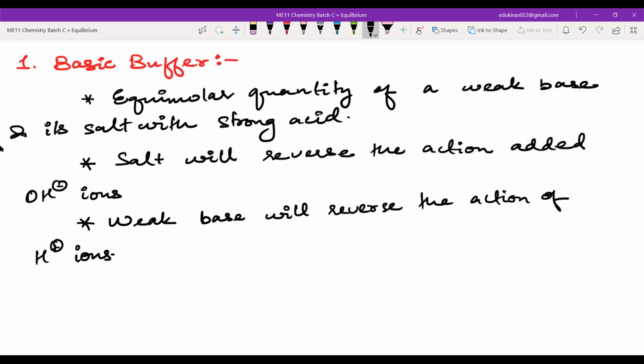It will reverse the action of H positive ions. Done? Yes, sir. Okay.